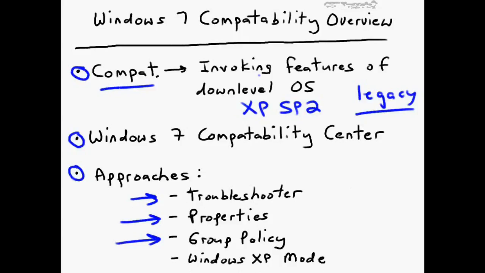Third, from an administration standpoint, we have group policy options that customize or tweak how application compatibility works on the desktop. And then we'll look at a really interesting feature, brand new to Windows 7, called Windows XP mode. Hang on to your hats for that. I think you'll enjoy that.